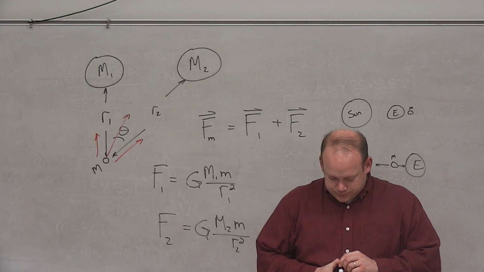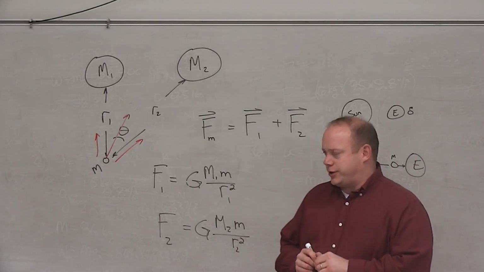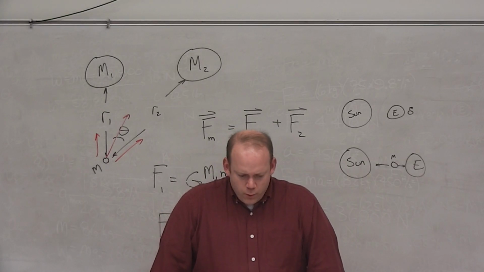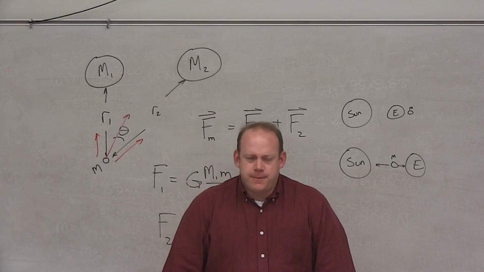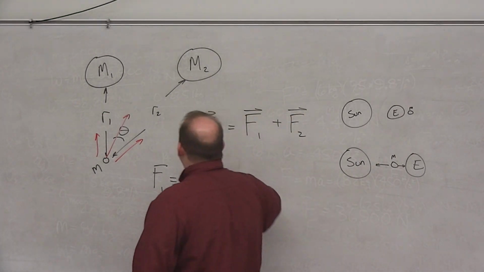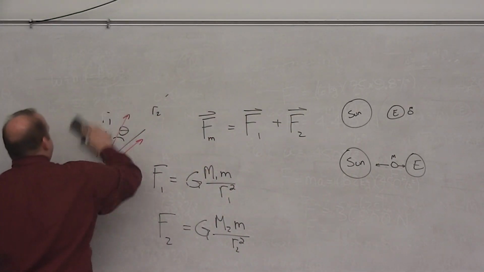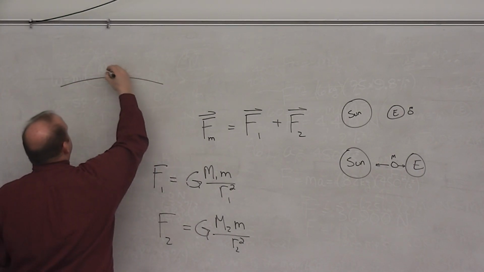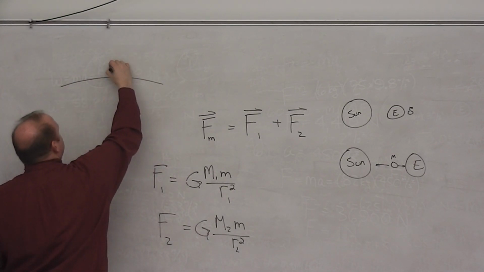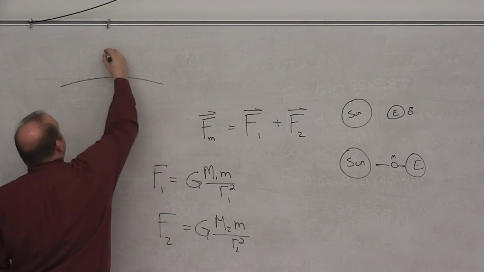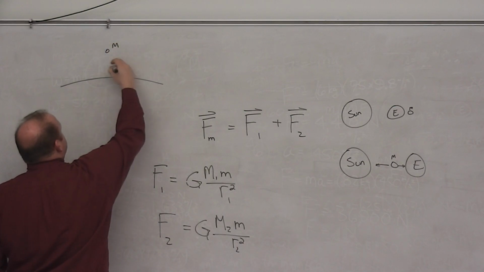All right. So now, potential energy. One thing about gravitational potential energy that we've always done is assume that we're near Earth's surface. We've got a little mass here, a distance h above.